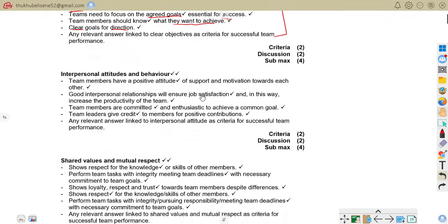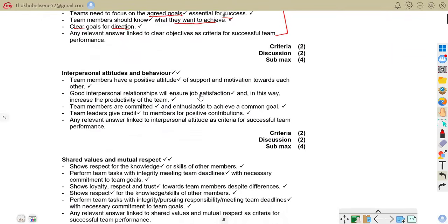So now we come to interpersonal attitudes and behavior.